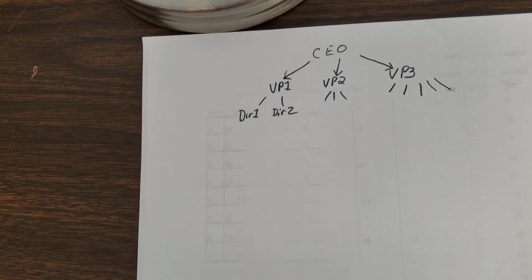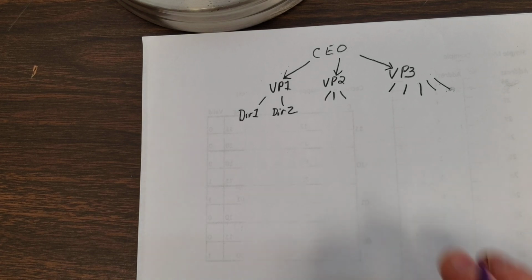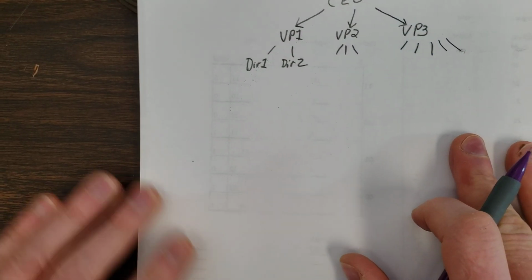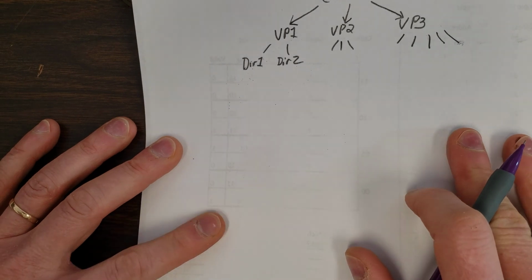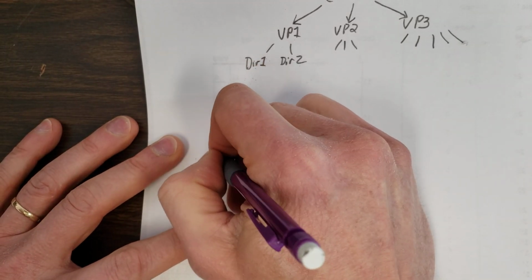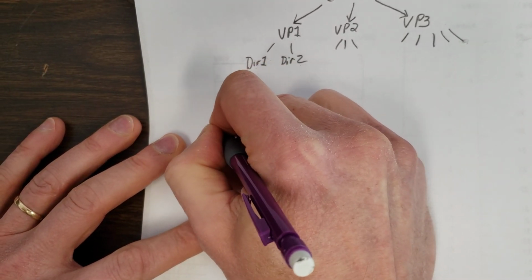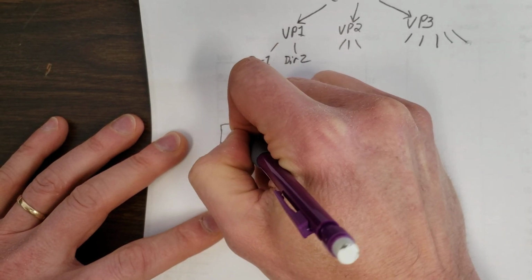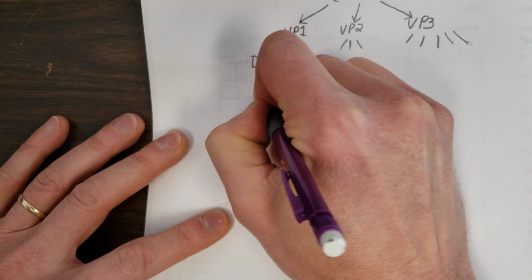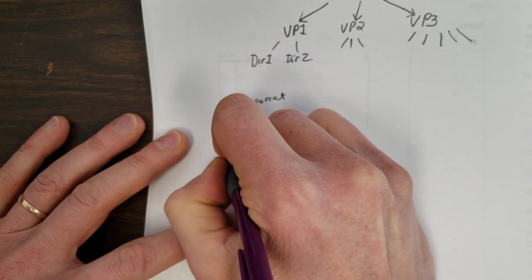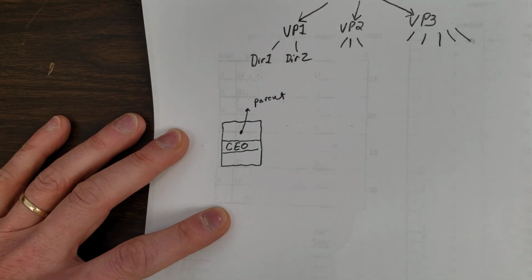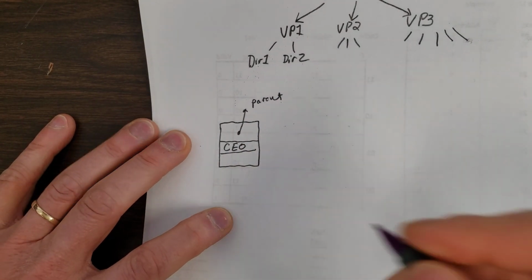Well, the general way to make a tree is to have the nodes, instead of having an array of the pointers of their children, have something like this: you've got maybe your pointer to the parent, and then you've got your payload, maybe the CEO, his name, his salary, and things like that.